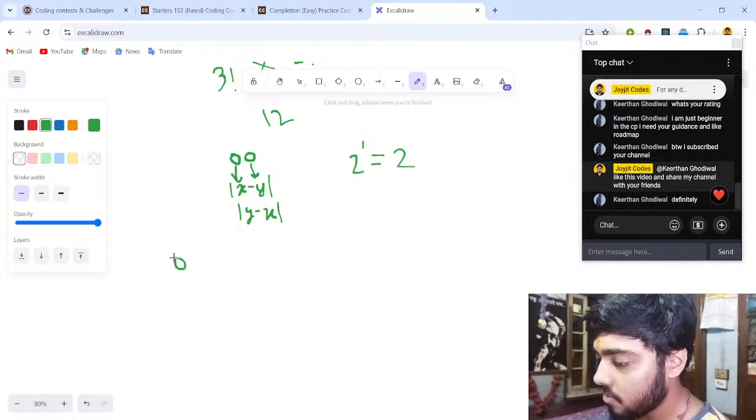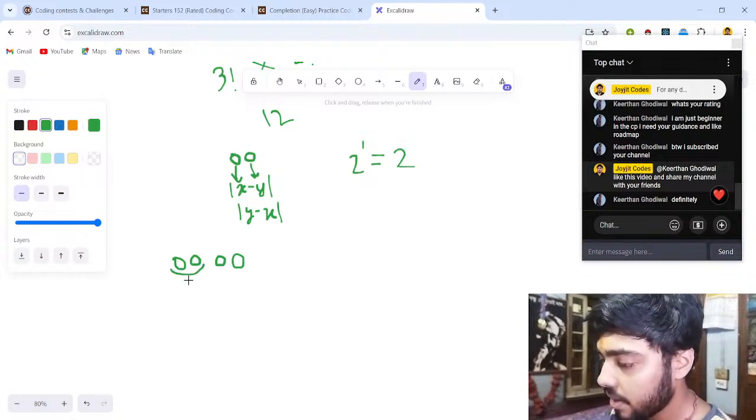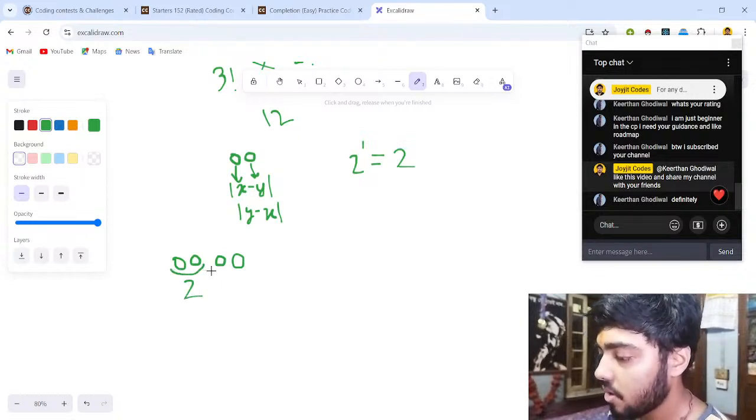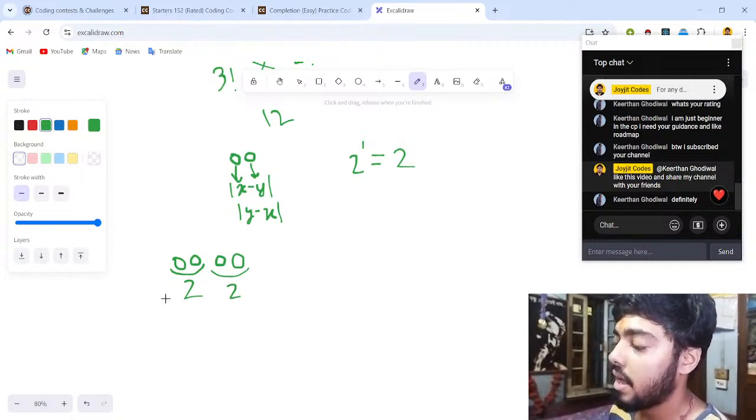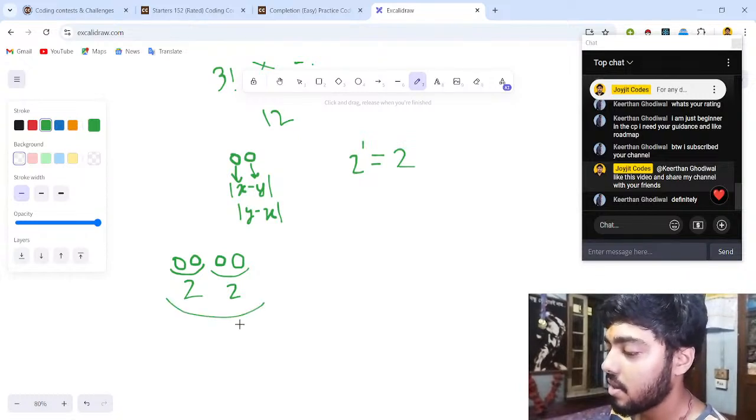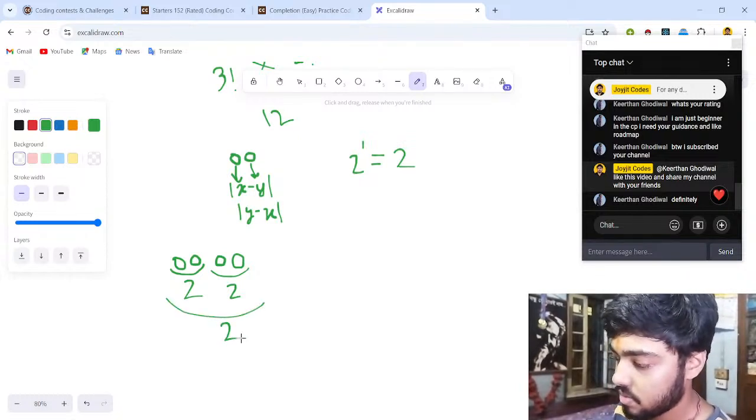Now, let's say we have got 4 total. So for these two, we can write it as 2. For these two, we can write it as 2. And for the total, we can write it as 2. Right?